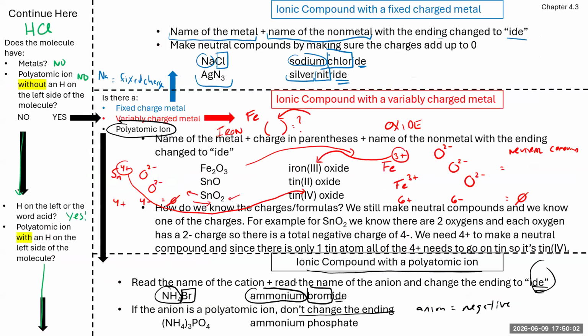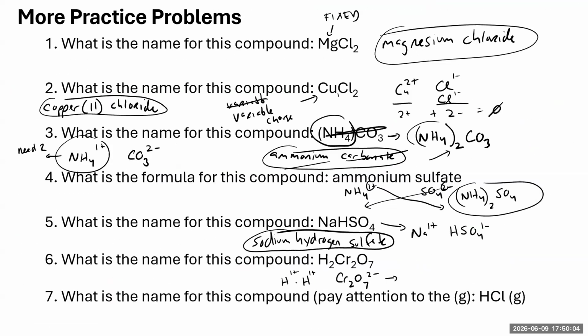So let's look at the dichromate, but we're going to change that to ic. All right, so it's going to be dichromic acid. Remember, the polyatomic ion is the key. Find out ate and ite, change it appropriately.